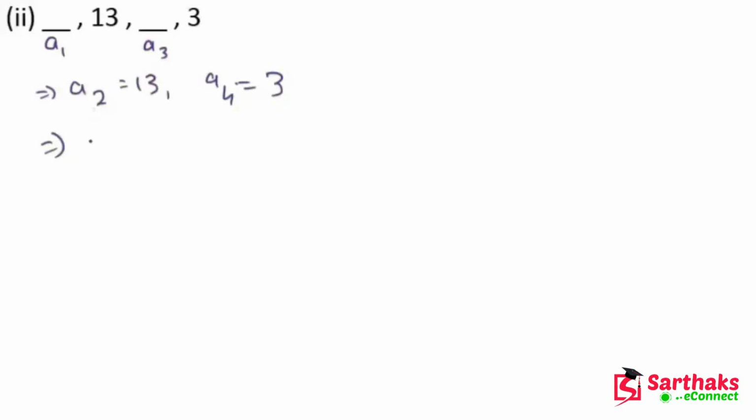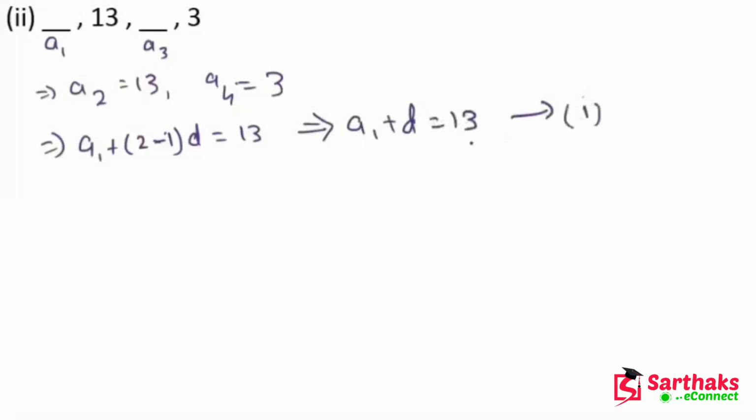We can write A2 as A1 plus (2 minus 1) into D, which equals 13. This becomes A1 plus D equals 13. This is our equation number 1. Now we can write A4 as A1 plus (4 minus 1) into D, which equals 3.